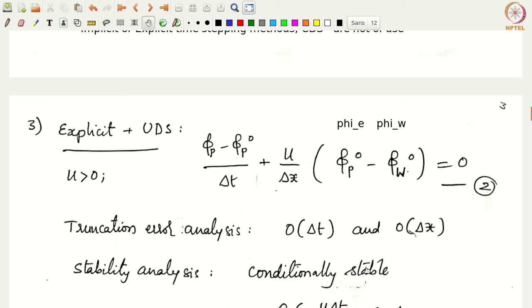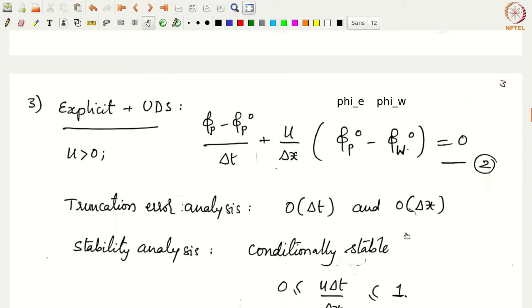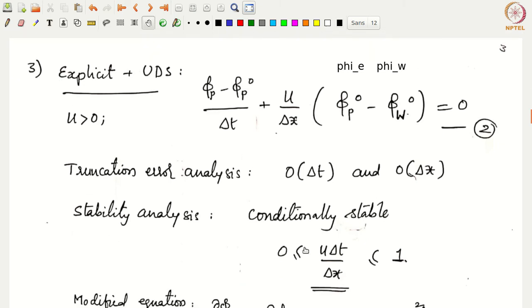Conditionally stable means that this method can be used under certain conditions on your delta t. The stability condition you would get from the stability analysis is that u delta t by delta x, which is a particular ratio, should be between 0 and 1.